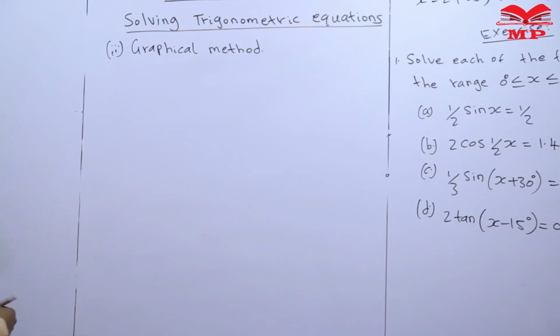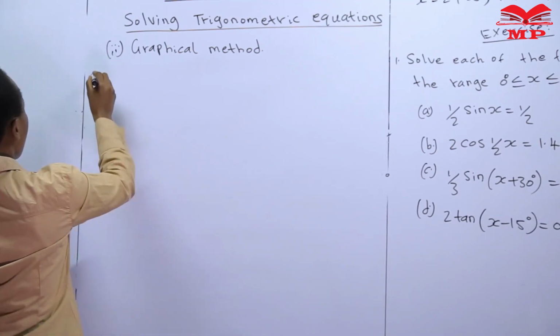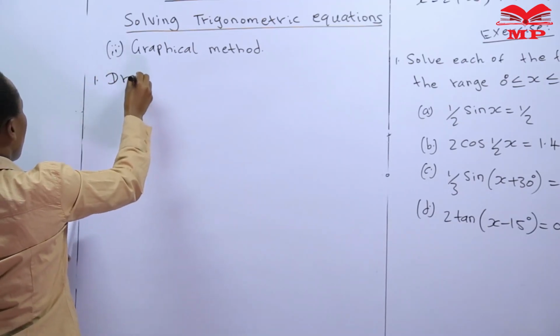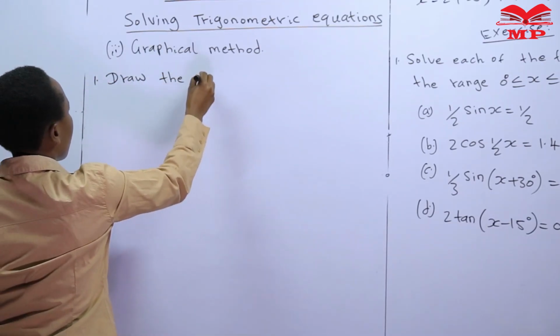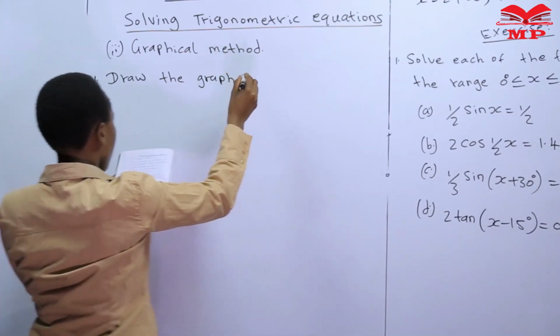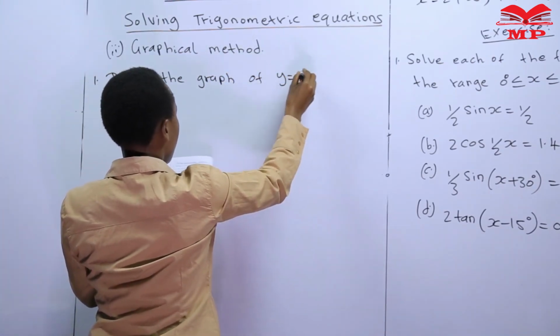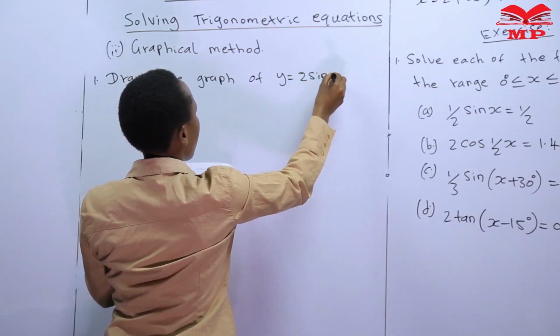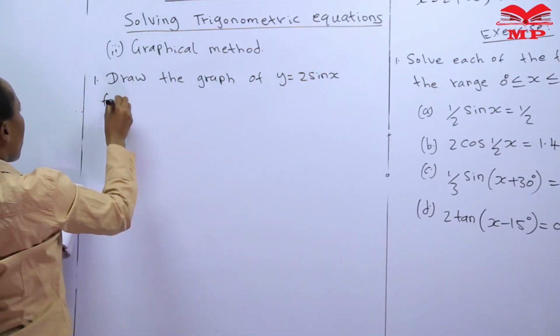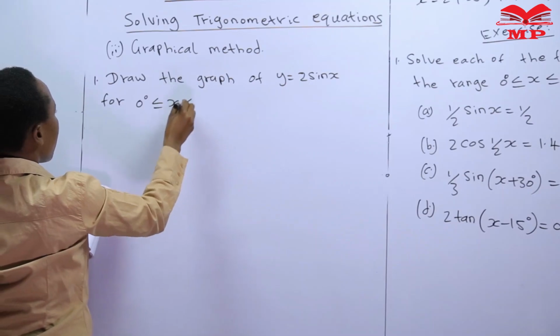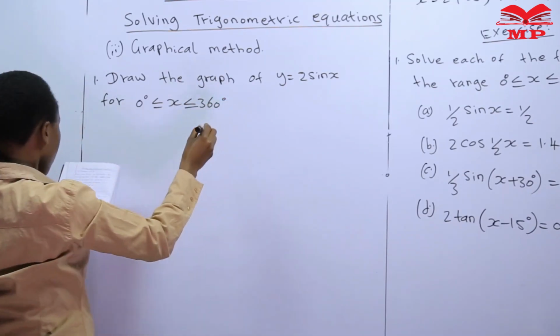So in this case, I'd like us to do this one question. This is the question that we've been given on solving using the graphical method. The question is, draw the graph of y is equal to 2 sine x for the values 0 degrees up to 360 degrees.